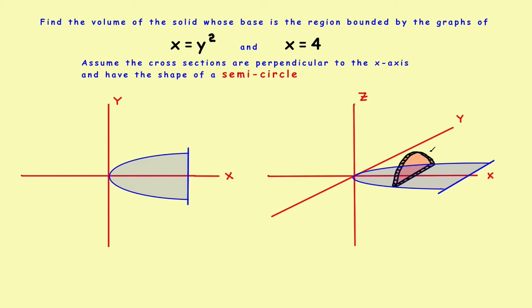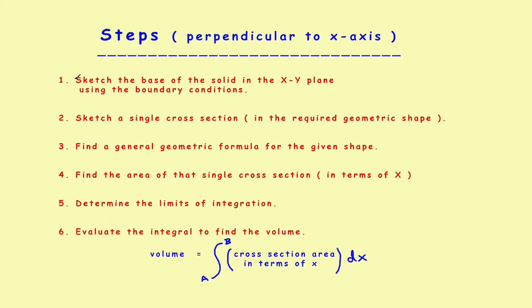Okay, now the next thing is to actually sketch one section in the shape of the solid that you've been given. So in 3 dimensions, it looks like this, and we'll do something similar to that over here. So let's go back and look at our steps again. We've completed step 1 and sketched the base of the solid in the XY plane.